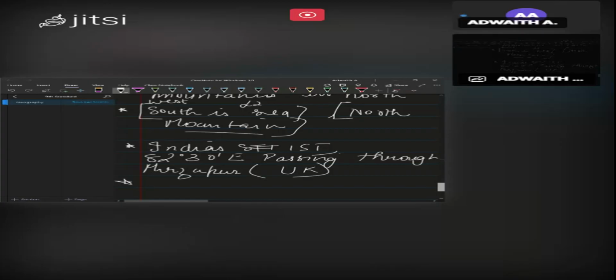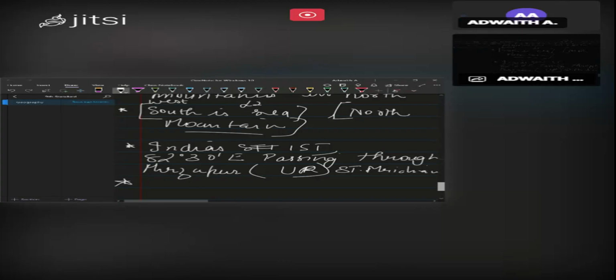In India there is only UP, Uttar Pradesh. Then what we say is that it is the standard meridian. Standard meridian. Then it is the standard time.